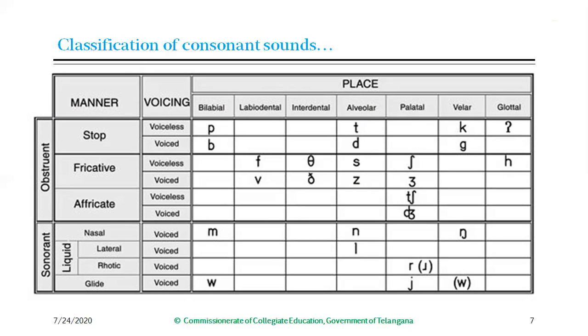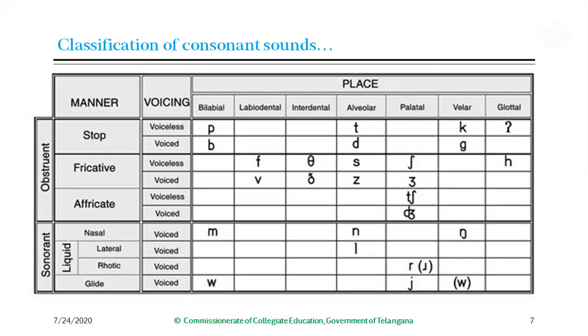Interdental sounds are produced by placing the tip of the tongue between upper and lower front teeth. Here we place the tip of the tongue between upper and lower teeth. Interdental, between dentals.